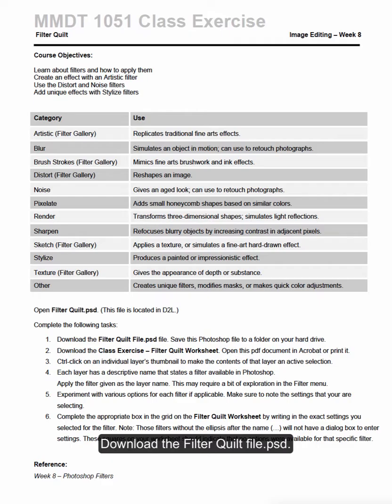Download the filterquilt.psd file. Save this Photoshop file to a folder on your hard drive. You also will need to download the class exercise filter quilt worksheet. This is a PDF document, so you want to open this PDF document in either Acrobat or you can print it.